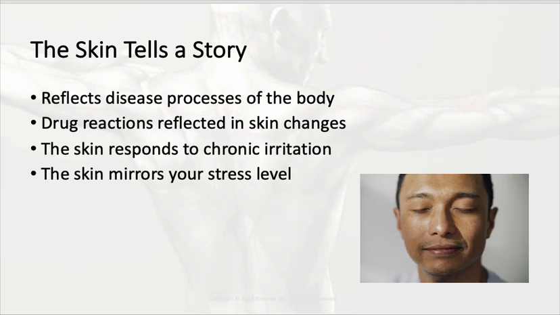Autoimmune disorders, such as psoriatic arthritis, are associated with changes to the skin and nails. Liver disease causes yellowing or jaundice of the skin. So because of this, the skin can provide very important diagnostic clues.